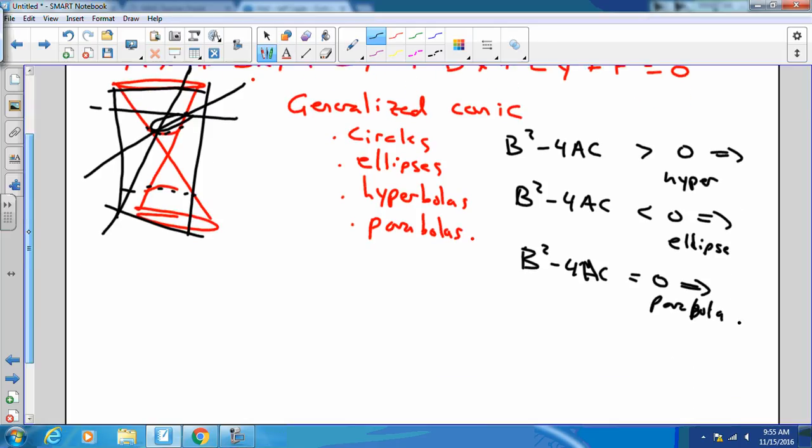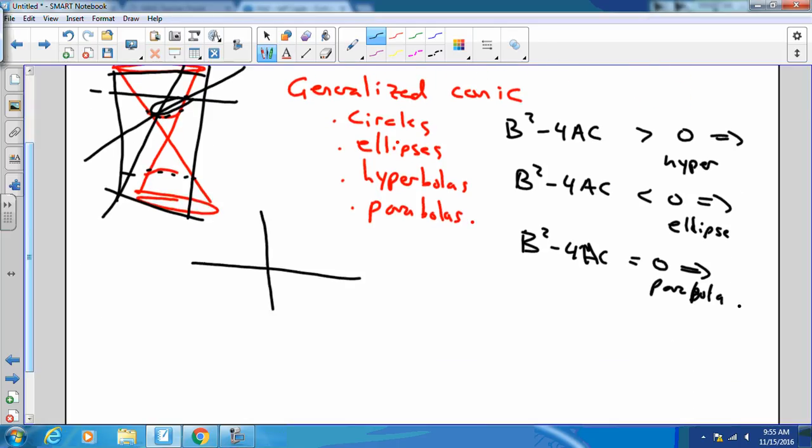And in fact, that's exactly the case as you see here. If I do b squared minus 4ac, then I get 0. So we're looking at some kind of a parabola, and that parabola would be generated by rotating the axes by a fixed amount, and it's going to end up looking something like this.